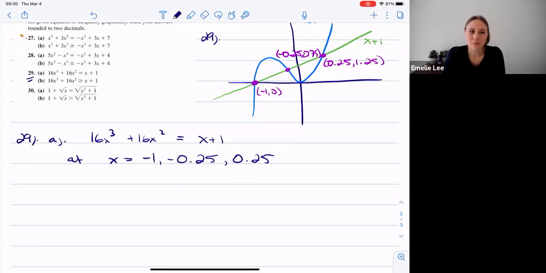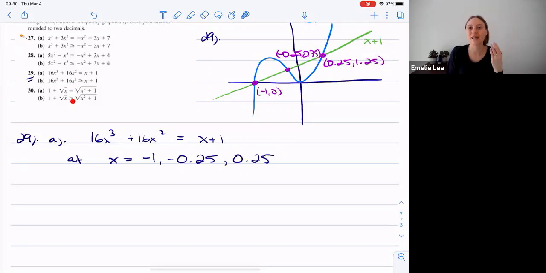A little bit trickier to find where 16x to the 3 plus 16x squared is larger than or equal to x plus 1. So it's allowed to equal x plus 1, which means I'm going to include those intersections, right? Not necessarily the case for 30b, for example, where I don't include those intersections.